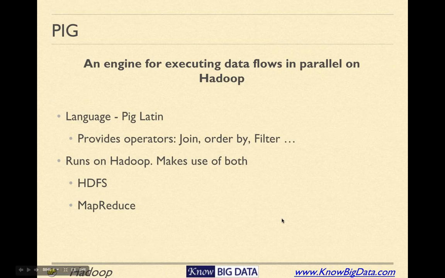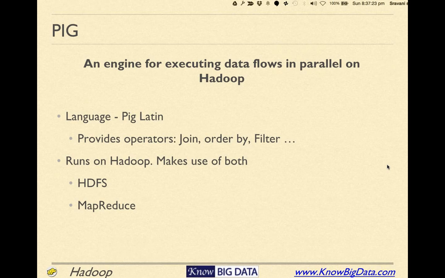So Pig is an engine for executing data flows in parallel on Hadoop. You can say that the usual exercise we were trying to do in MapReduce, Pig makes it possible to do in a very simplified manner. You don't have to code much.